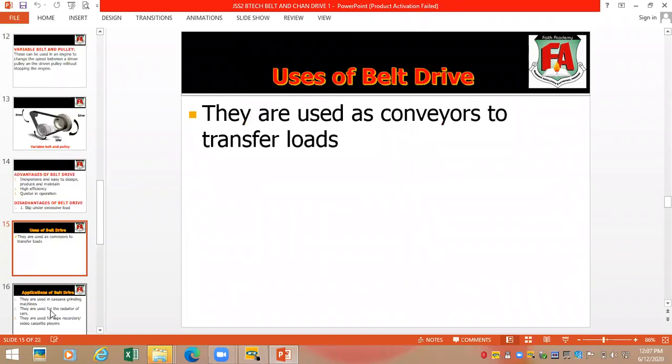Okay, the uses of belt drive. They are used as conveyors to transfer loads.